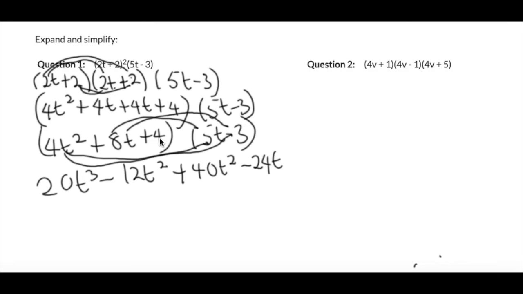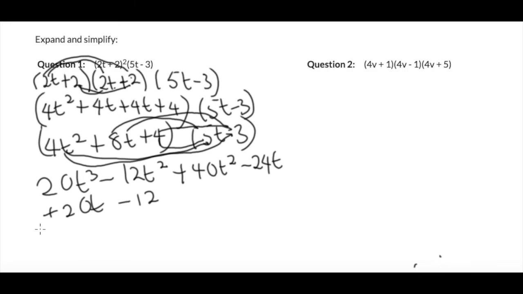Then you do 4 times 5t, which is plus 20t. And you do 4 times minus 3, which is minus 12.